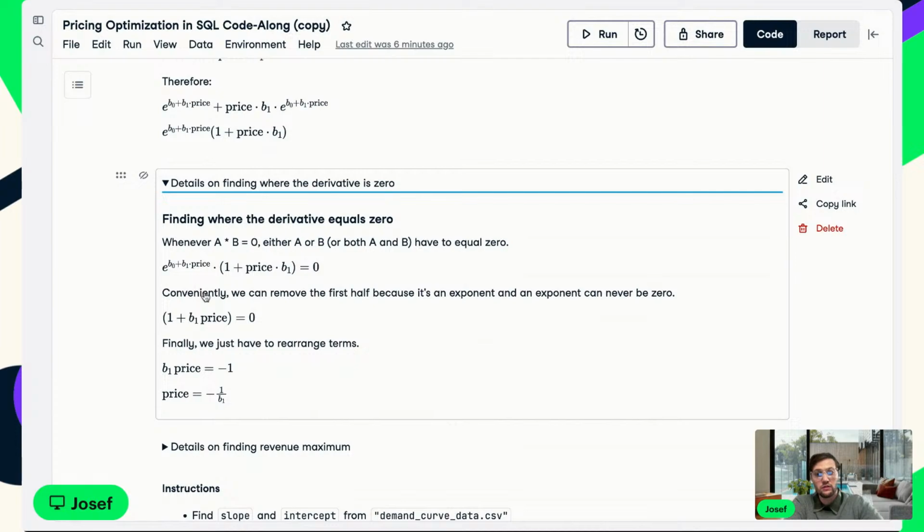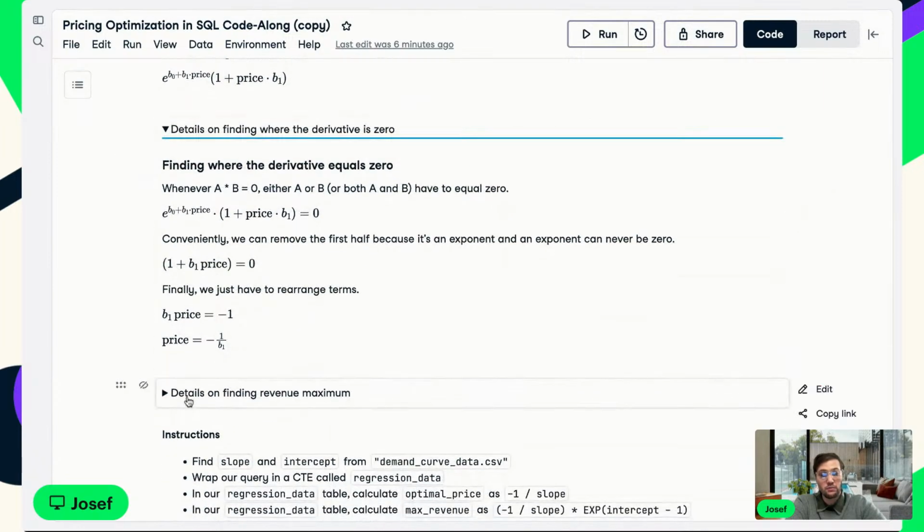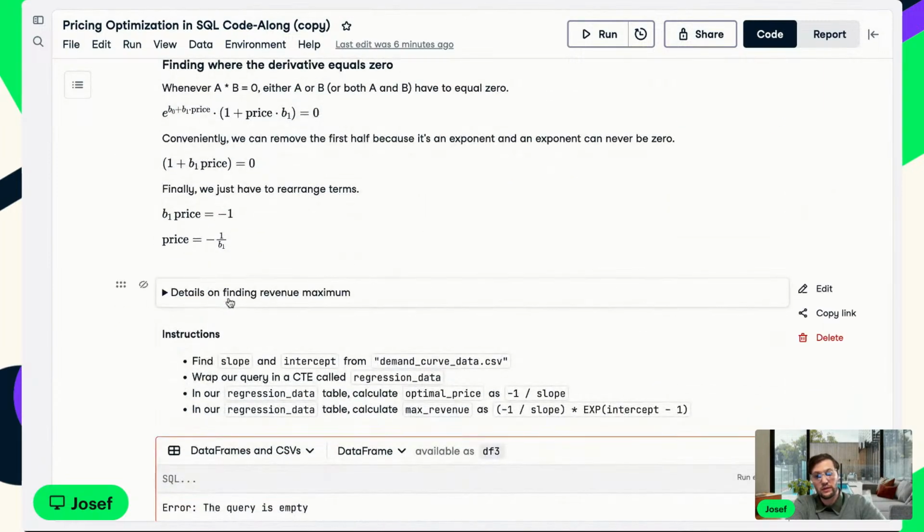If the exponent evaluates to 0, it's 1. If it's negative, it becomes a tiny fraction, but it's never 0. So we're only working with the other part. Then I move the terms around: I put 1 on the right side and divide by beta 1. So I get a definition of price as negative 1 over beta 1.